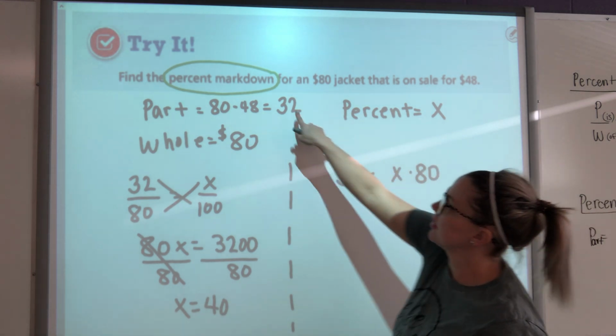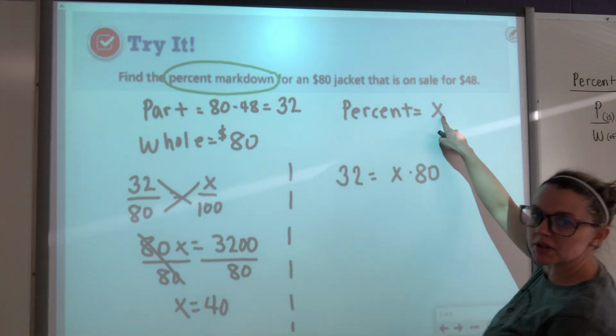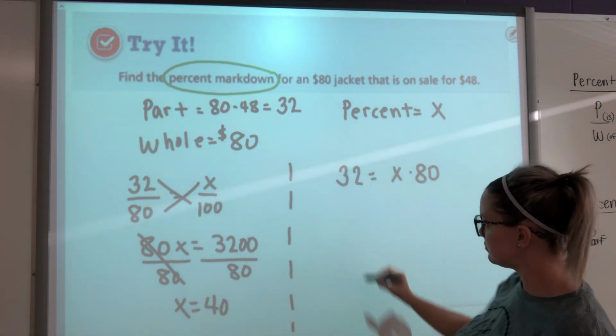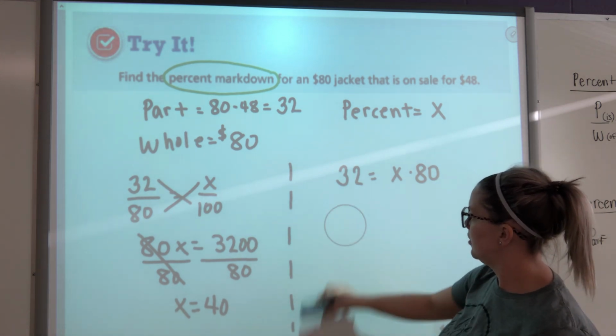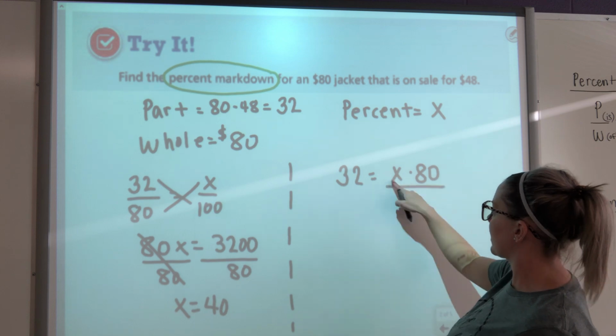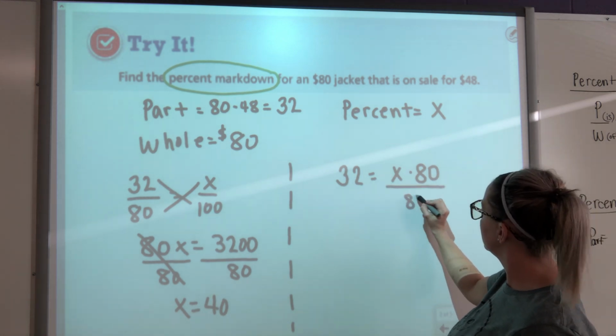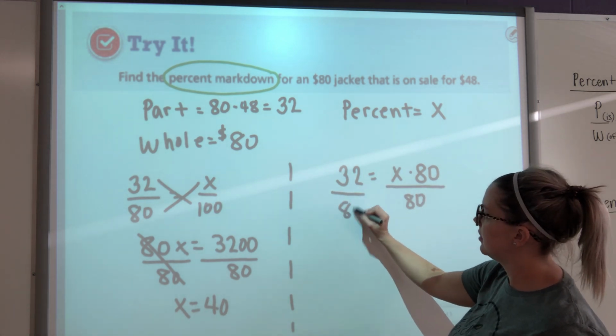Okay. Part, whole, percent. x is being multiplied by 80, so divide it.